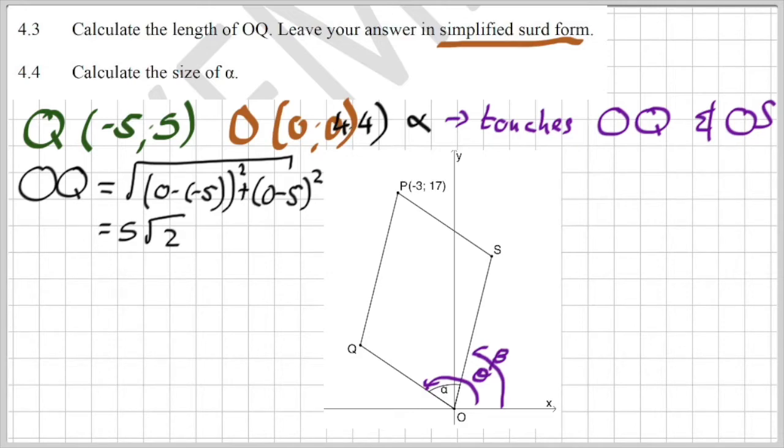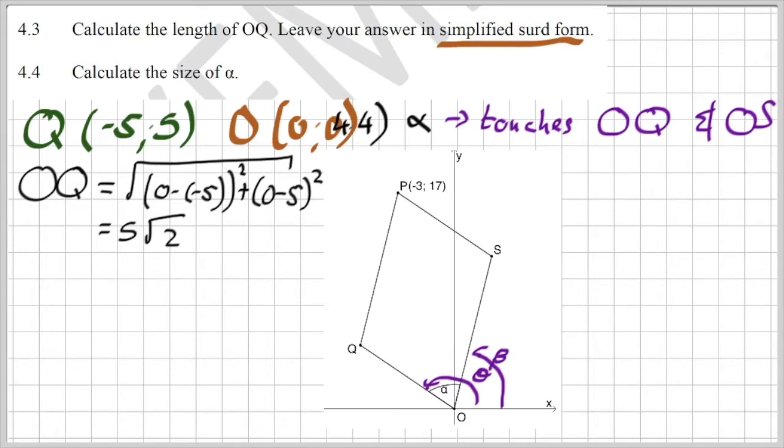Here's a beautiful trick, ladies and gents. A beautiful shortcut. Even if you don't know how to get to alpha, you get the gradients between O and Q, you get the inclination, and you are going to score almost all the marks.